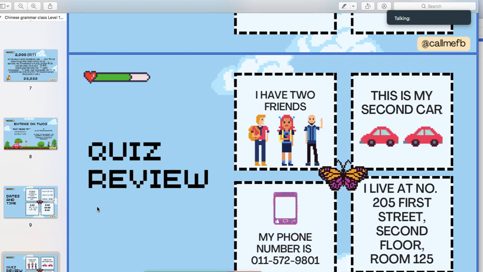Okay, yeah. So that works well, and you could also take off the possessive marker in your phrase there, it will still sound correct, right? So you could say 这是我的二个车, or you could get rid of the measure word as well. It should still sound okay, colloquially. 这是我的二车, like my second car.